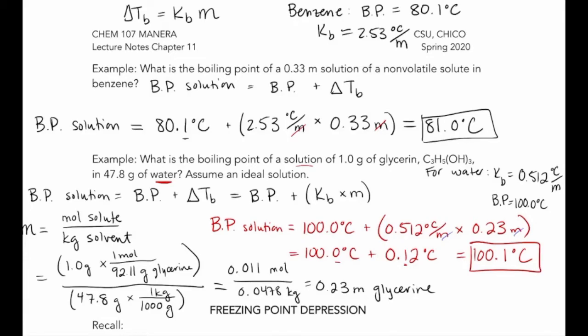The other property that is affected by the presence of a solute is the freezing point. So boiling point's affected, where that temperature is, and then the freezing point is affected, where that transition occurs. So the freezing point is going to see a different trend, though.